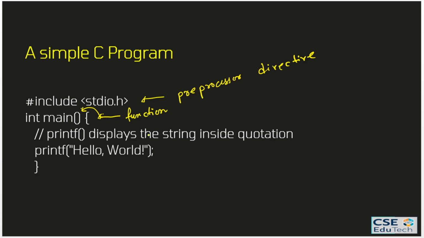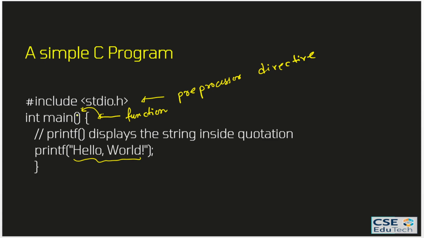Whatever is written within the double quotation is basically a string, and printf is used to print something on the output screen, and printf is basically a keyword.